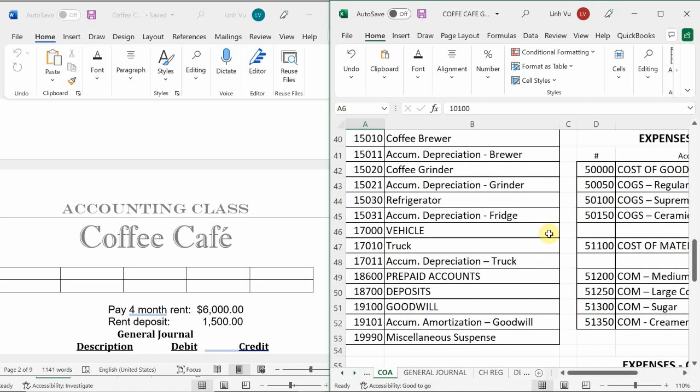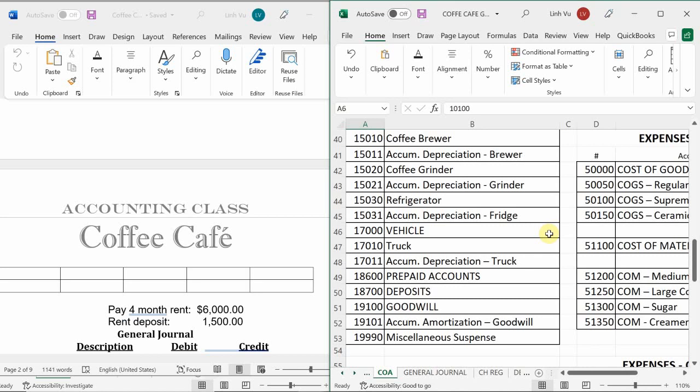So here we have landlord properties. We're trying to rent out the store location. In this case, they require us to go into a contract where we're going to pay 4 months in advance, plus they usually require a rent deposit. This is the rent for the coffee cafe. Correct. So we can operate our stores.